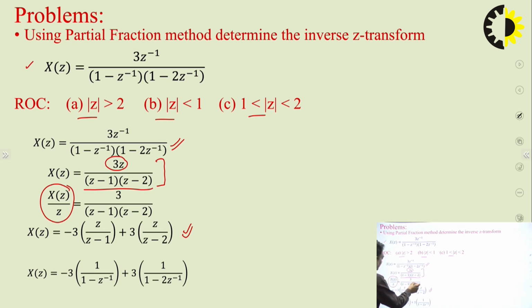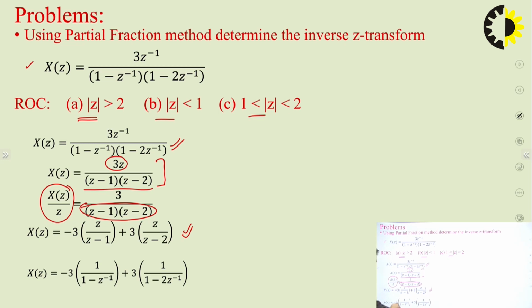So here you can see where the poles are located: one pole at z equals 1 and another at z equals 2. You can see the ROC is outside the outermost pole, which is 2. So for both the poles, the corresponding terms will give the solution corresponding to a causal signal.